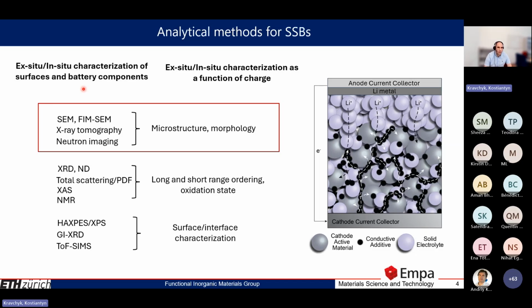So having the entire panorama of structural methods which can be used to characterize materials from the synthesis starting point up to the point where the material is in the battery is very important.